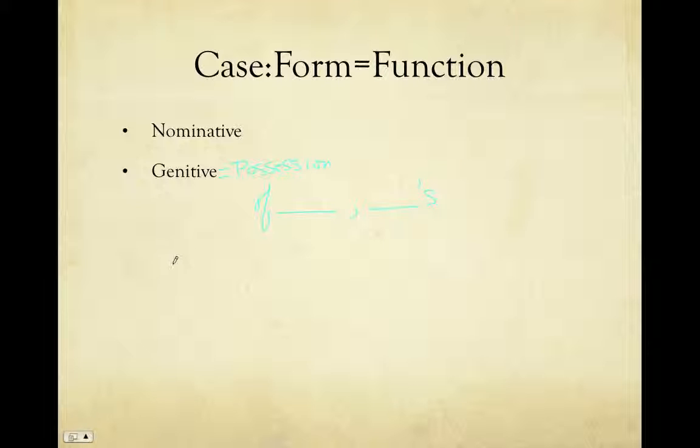You might say that Marcus's car doesn't work. In this sentence, car is the subject, it's the nominative because it's the thing that's not working. Marcus possesses the car, so he's going to be in the genitive.